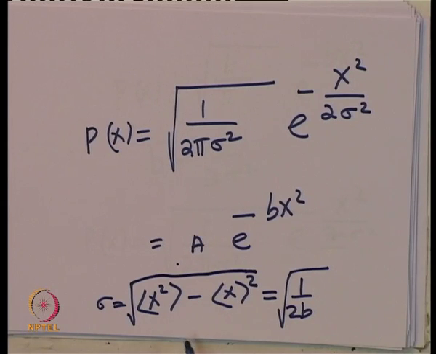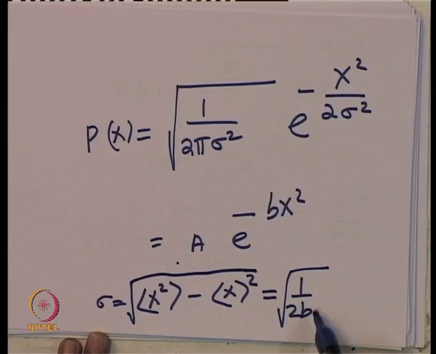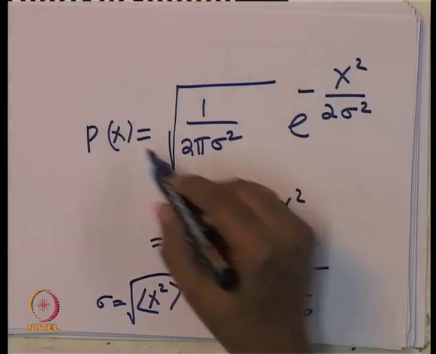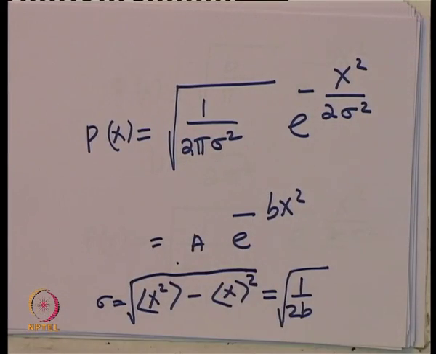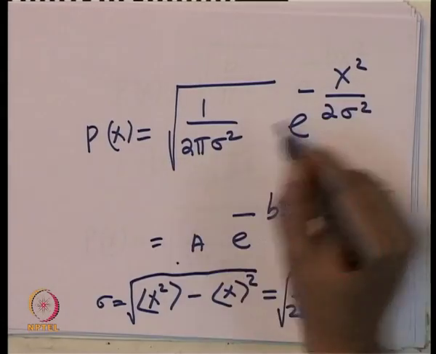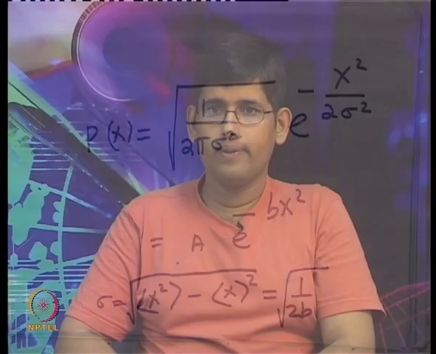That gives a relation between b and sigma, and that gives P of x this particular form, where sigma is coming here and here. So, we found x average and x square average.